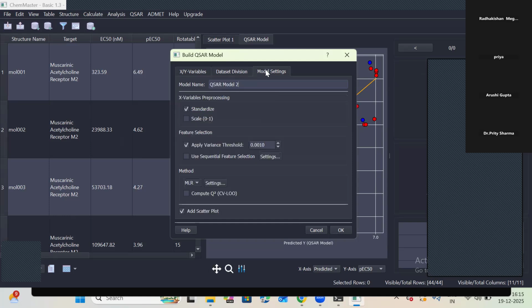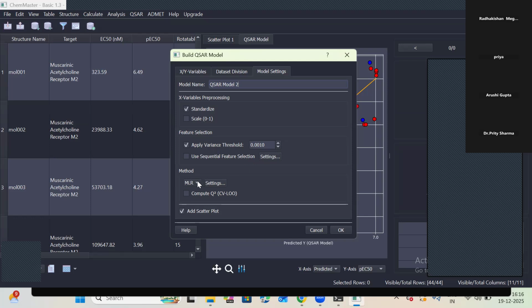Next, we want to adjust the model settings. Here, the model name is QSAR model 2. You can use any name as the model name. X variable pre-processing has two options, standardize and scale 0 to 1. Here, we use standardize. You can also use a scale option for your experiment, like 0 to 1 and 0 to 2. Next, feature selection: we apply a variance threshold with a value of 0.001.